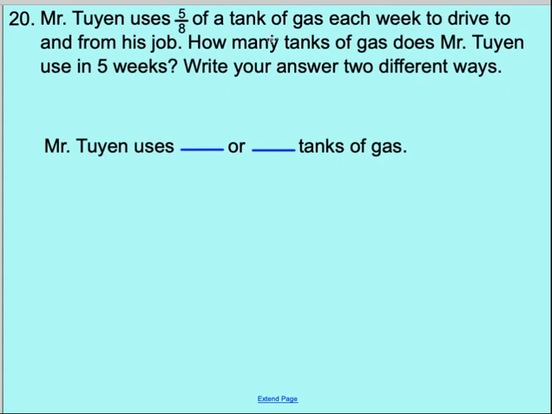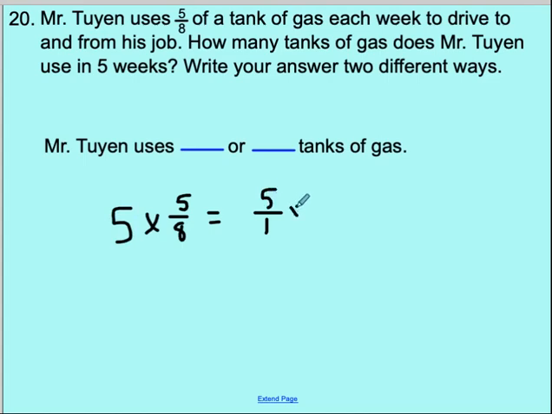So in 5 weeks, 5 weeks times 5/8 equals what? Let's do 5/1 because this is the same as 5, right? When you put a number over 1, it's just worth that whole number, whatever the numerator is.